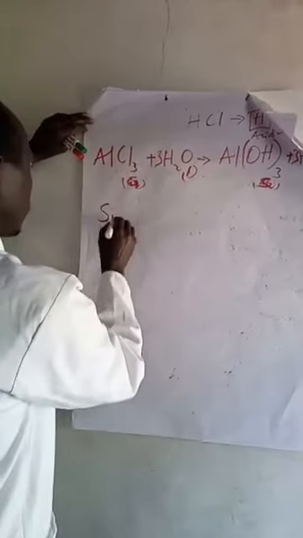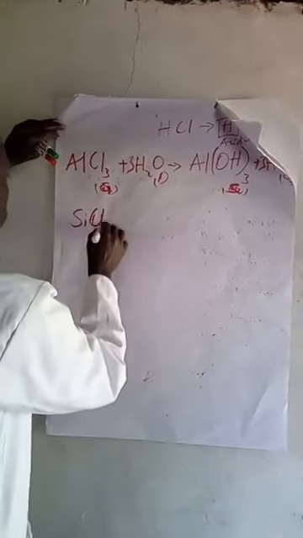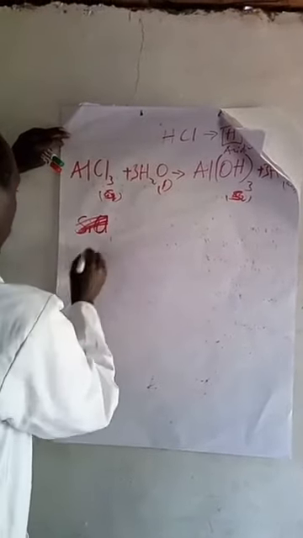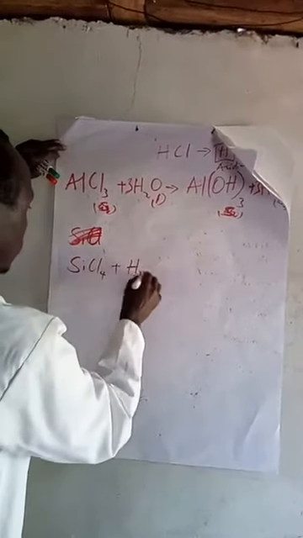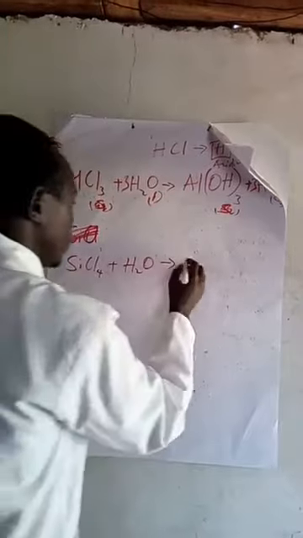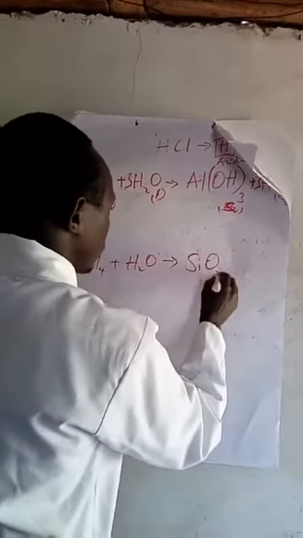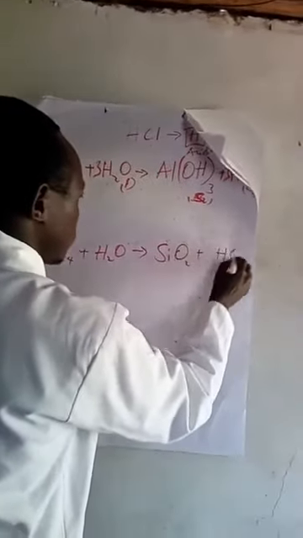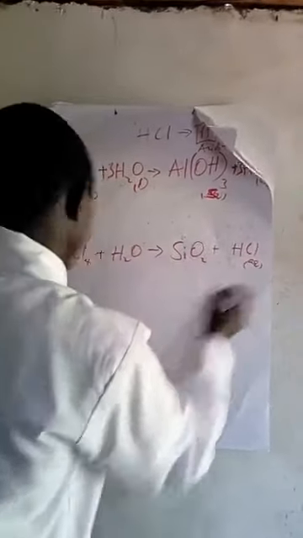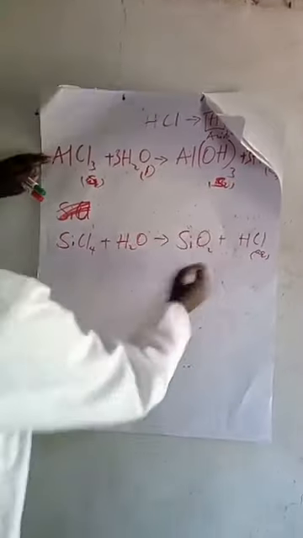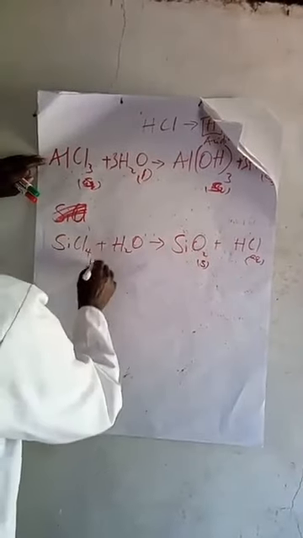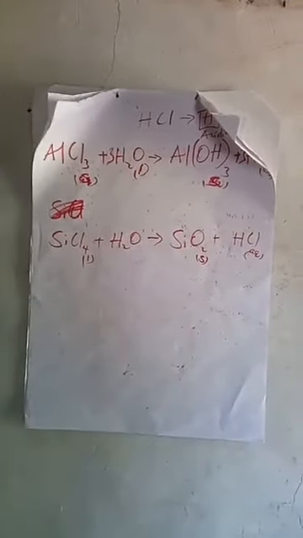The other one is silicon chloride. Silicon chloride forms silicon oxide and HCl. This is a solid, this is a liquid.